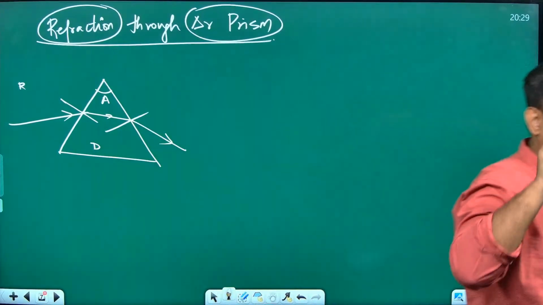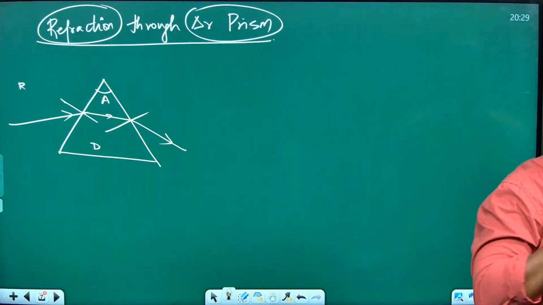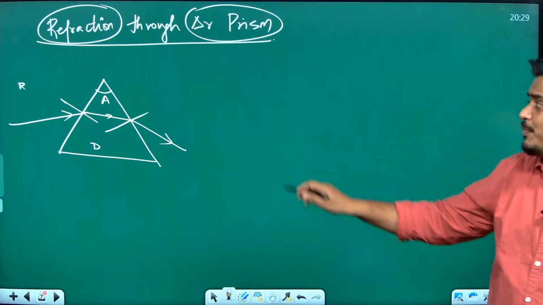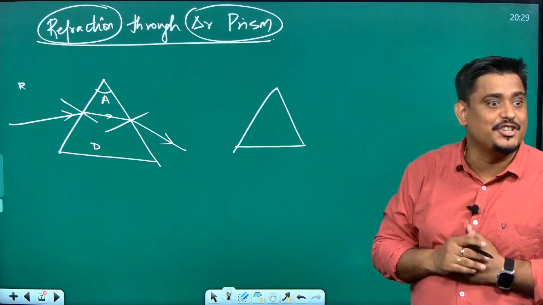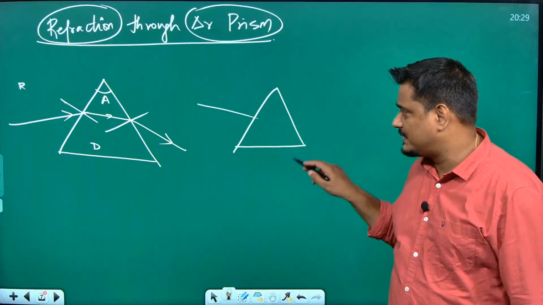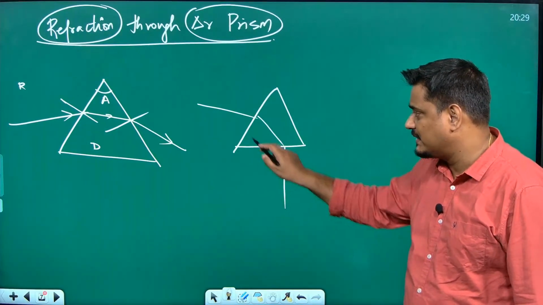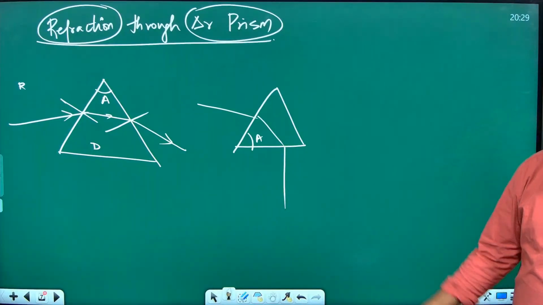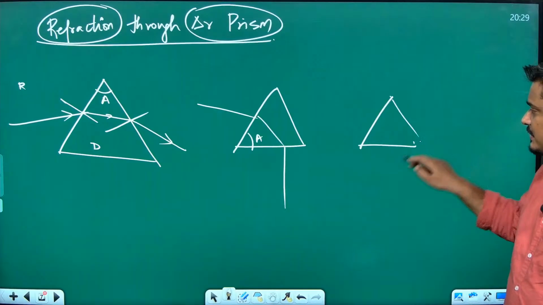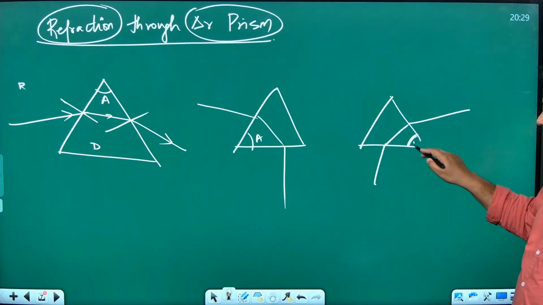Don't think that always the top angle is the angle of prism. No. The angle of prism depends upon the incident ray and emergent ray. If the ray goes like this, refracts, comes out like this, that becomes the angle of prism. Are you understanding my point? If the ray comes like this, refracts, goes like this, that is the angle of prism.